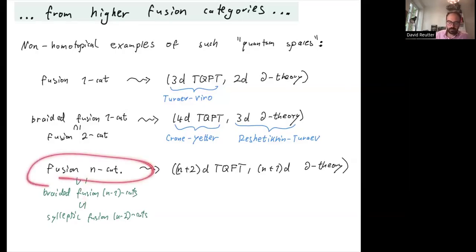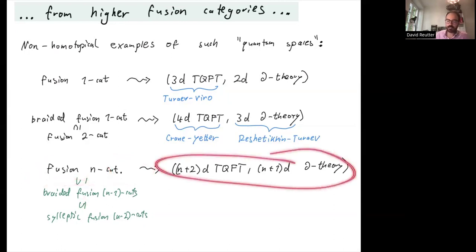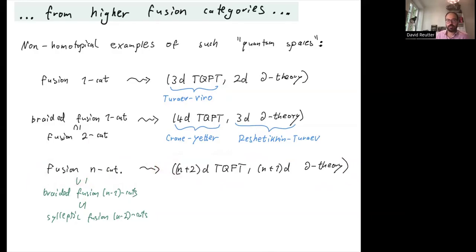A fusion n category is an algebraic datum that gives rise to such a quantum space. And as before, by the way, a topological space, for example X, gives rise to such a gadget. And then there was a question, can I recover the space X?